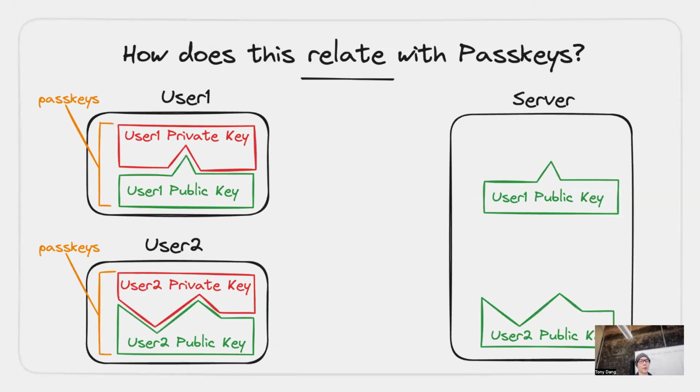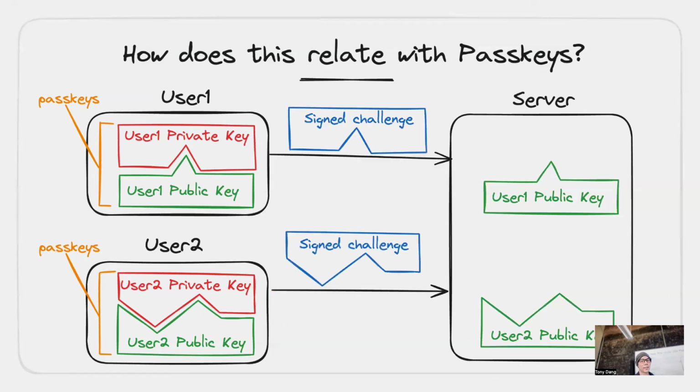And then when they want to authenticate and sign in, what actually happens is that the server will send a challenge to the user. So you can think of a challenge as basically just a string of characters, kind of like the message that was being sent back and forth. So the server will send this challenge, and then the users, using their private key, will sign that challenge and send it back to the server.